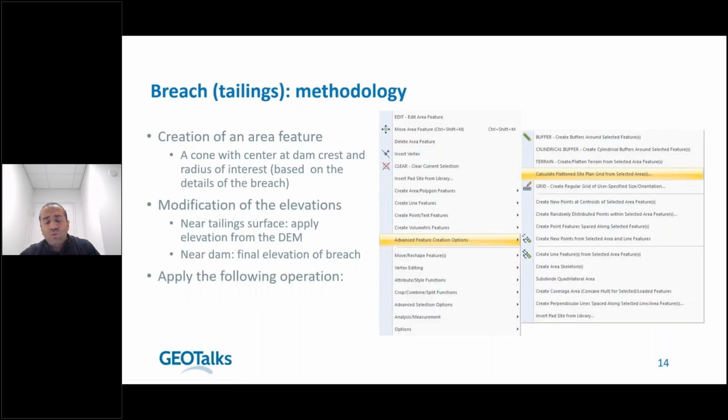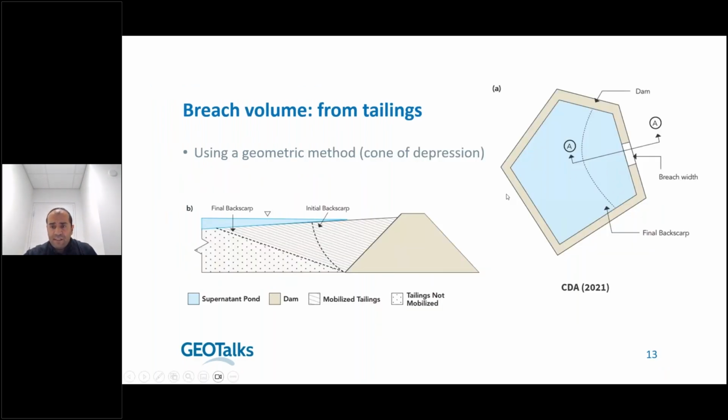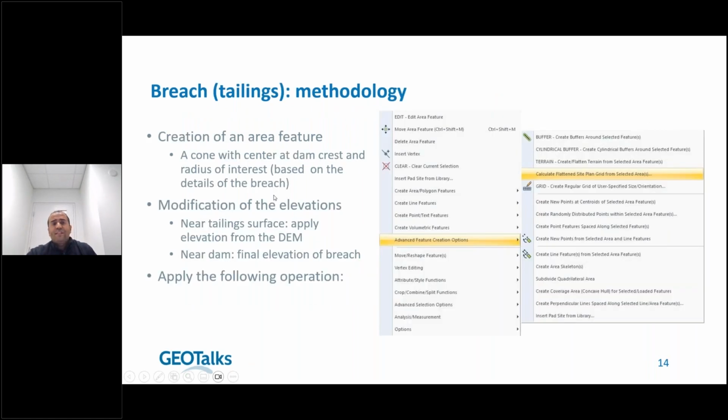To do this analysis in Global Mapper, firstly we need to create an area feature with these characteristics. So the procedure is the creation of an area feature with a center at the dam crest and the radius of interest based on the details of the breach. And then, because this area feature has no elevation, we have to modify the elevation.